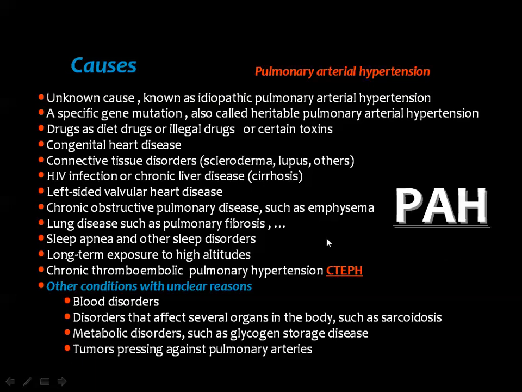There are a lot of causes for pulmonary arterial hypertension, including the idiopathic causes and some of the drugs and congenital heart disease, connective tissue disorder, HIV infection, left-sided valvular heart disease, chronic obstructive pulmonary airway disease like emphysema and fibrosis, lung diseases such as pulmonary fibrosis, sleep apnea and other sleep disorders, long-term exposure to high altitude, the chronic thromboembolic pulmonary hypertension, and also blood disorders, metabolic diseases, and the tumors.